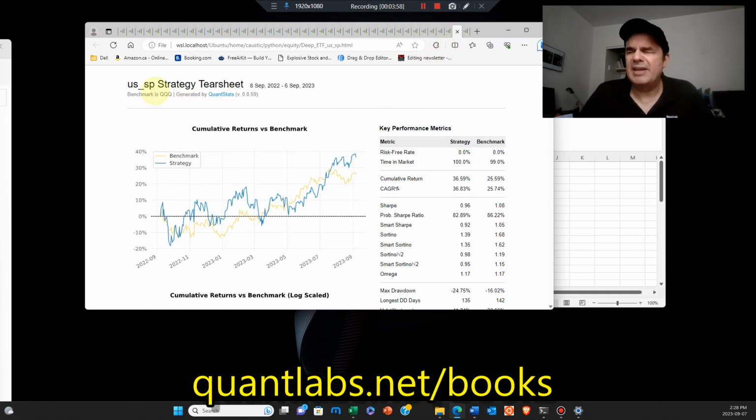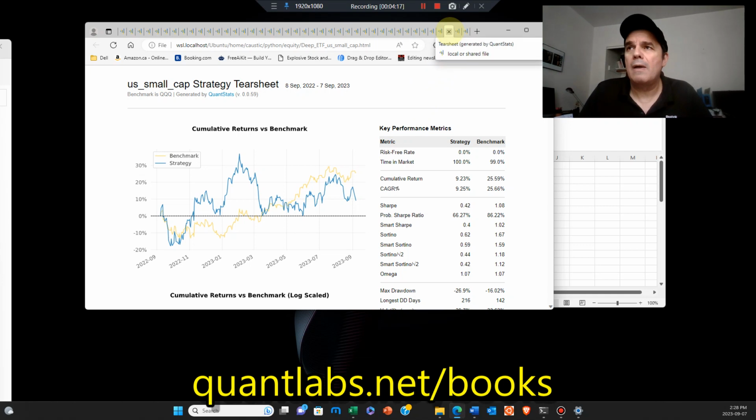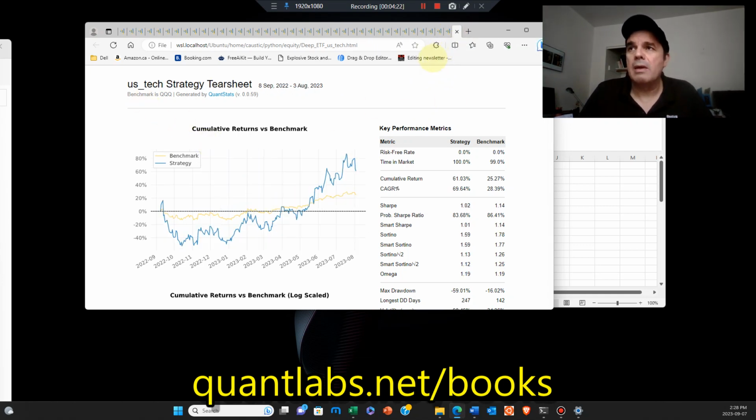The next one we have is SP, which is Standard and Poor. That's kind of outperforming now. This is a tough one, I'll keep that open if you want. Also, we have small cap, which is not performing against the benchmark. We already saw that.